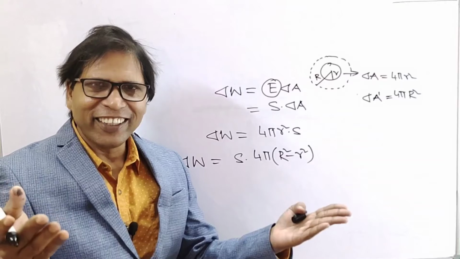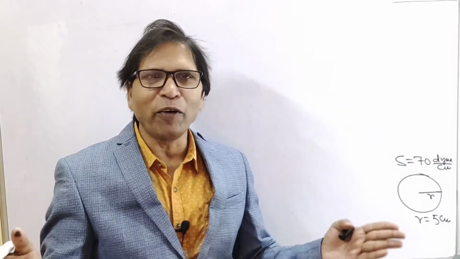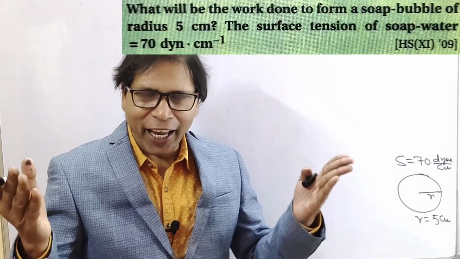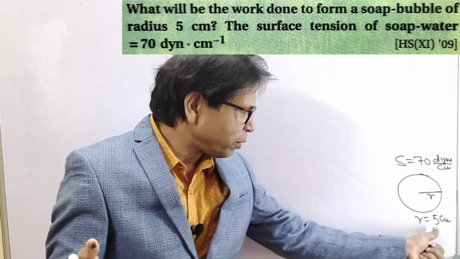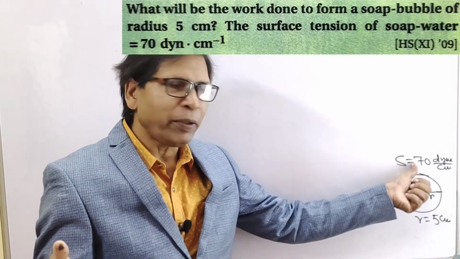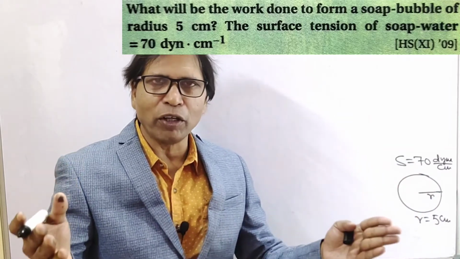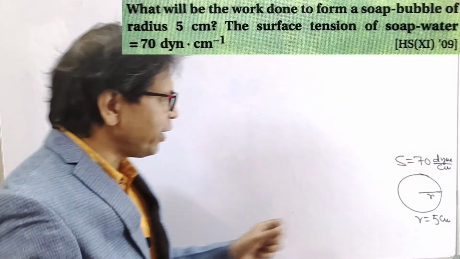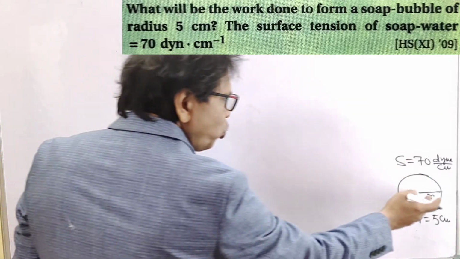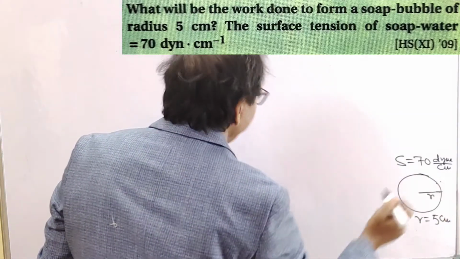Understood? Now next, a numerical. Find the amount of work done to form a soap bubble of radius 5 cm. The surface tension of soap water solution is 70 dyne per centimeter. Now a soap bubble has two surfaces, inner surface and outer surface.